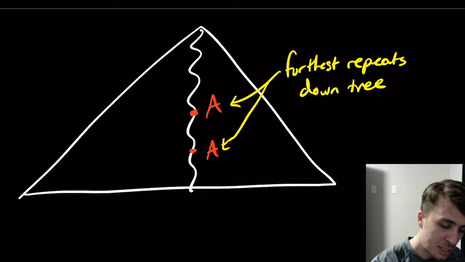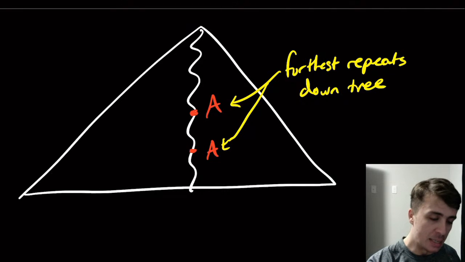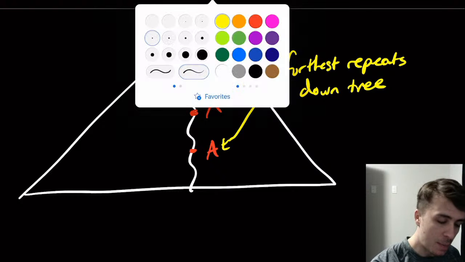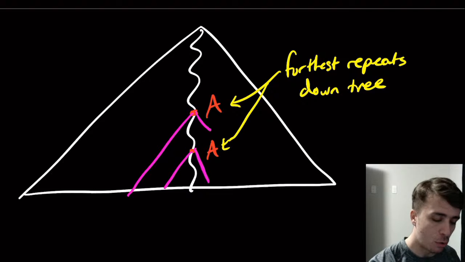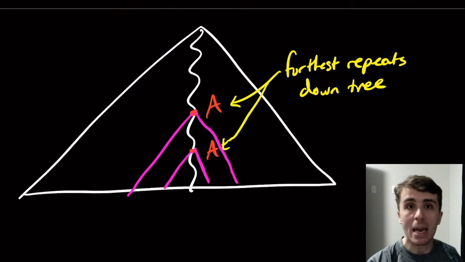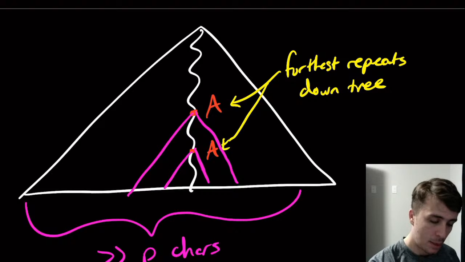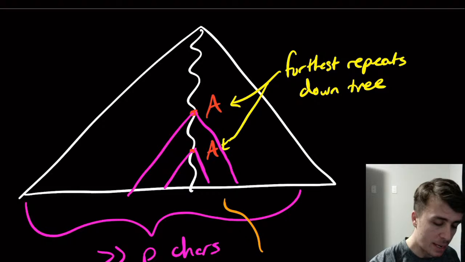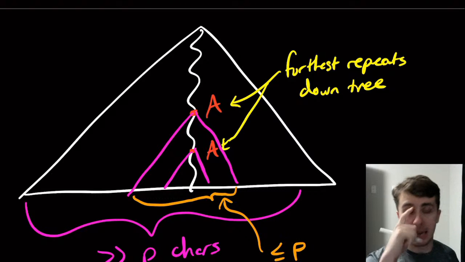Okay, so let's say that these are the furthest ones down. Then what will happen is that if the length of the string that we're generating in total is way, way, way bigger than p characters, then what we can do is look at this part right here, and assume that this has less than or equal to p characters.